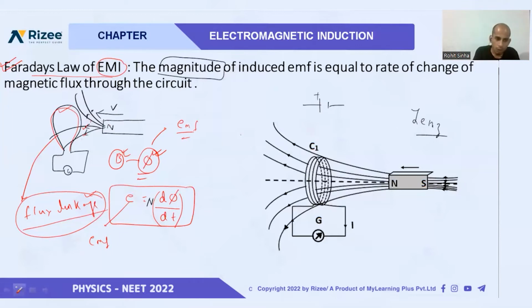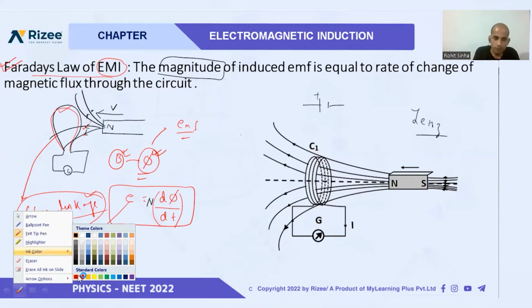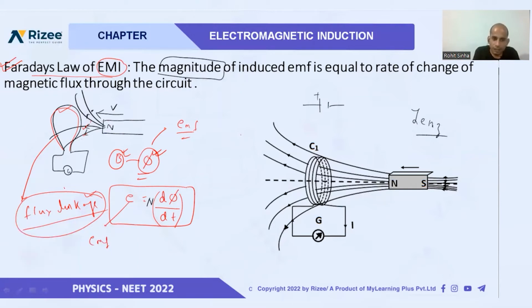Let me repeat what Faraday's law was once more. Whenever the flux linkage with the coil is changing, how will the flux linkage change? We know it depends upon B into A. Flux linkage will change by changing the magnetic field or by changing the area. Maybe I change the area of this loop, make it bigger, then smaller, then bigger, then smaller.